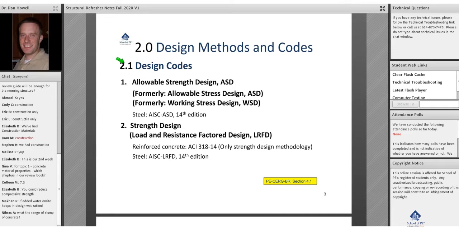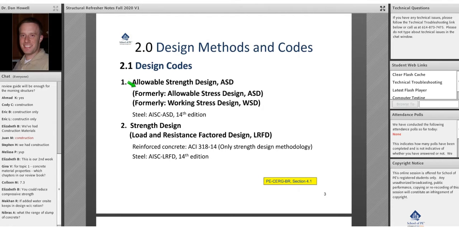So our design methods and codes, as I mentioned, are based on our structural steel and reinforced concrete design. We have two. The first one, known as our Allowable Strength Design, or ASD, is the older of the two design philosophies, and it limits our stress to a fraction of our allowable.